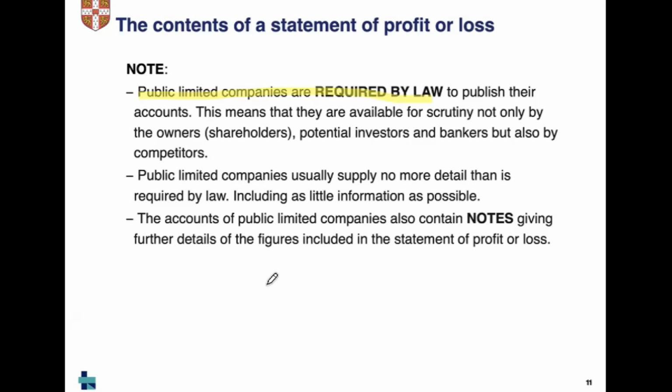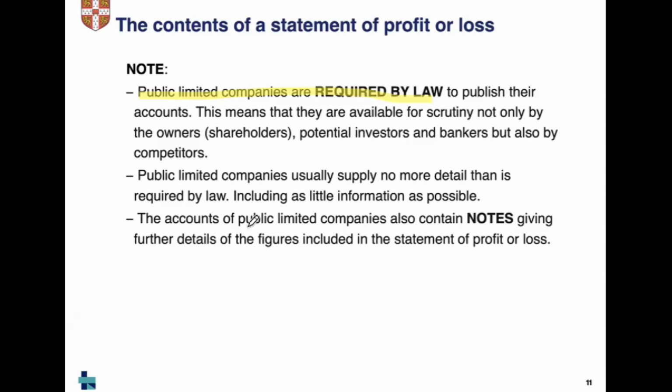So apart from the details that they are expected to publish, which is required by law, they would try to include as little information as possible because your competitors are looking at this information. And if you give extra information which is not required by the law, you are actually selling some of your trade secrets, or you are giving yourself out to your competitors.